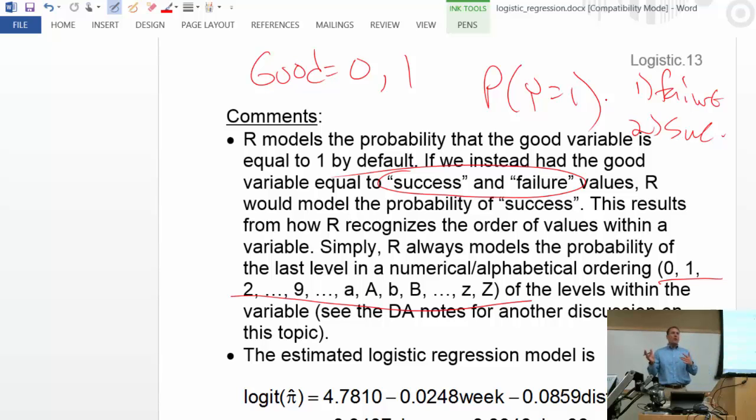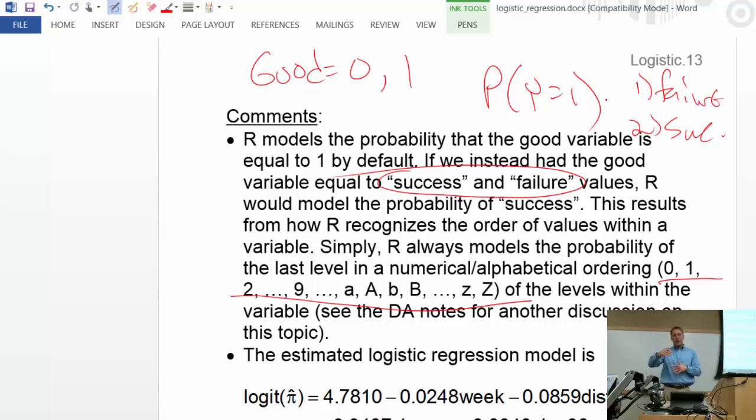And what R would always do is set the first level equal to 0, failure equals 0, and then the second level will be the 1. So that's how you know what R is actually modeling.